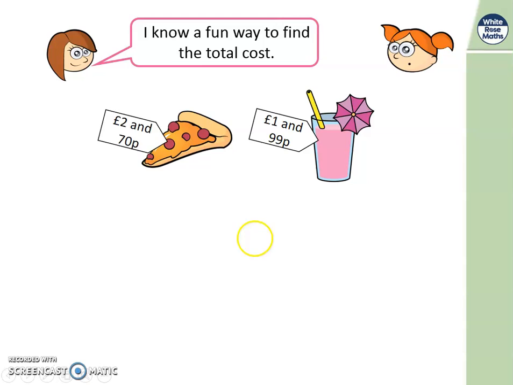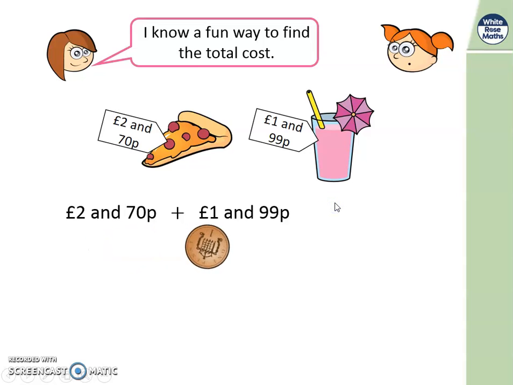Let's have a look. Rosie says, I know a fun way to find the total cost. So what we're trying to do is £2 and 70p, and we're adding the £1 and 99p. Now Rosie says £1.99 is just 1p less than £2.